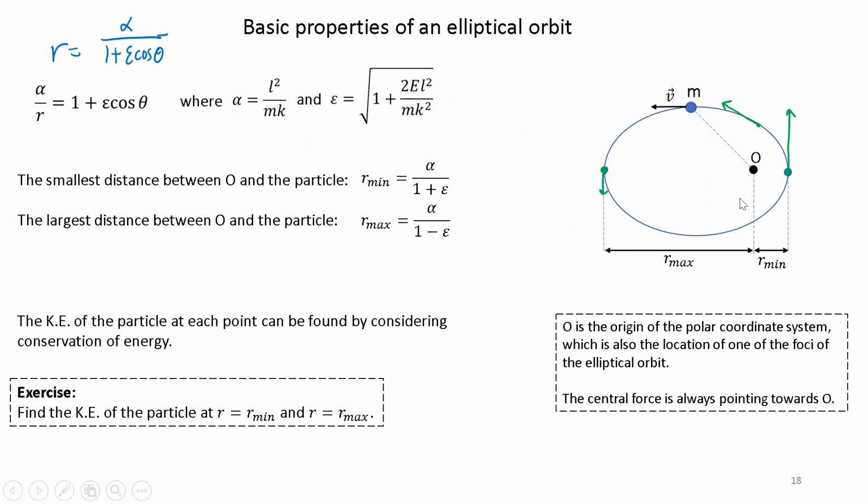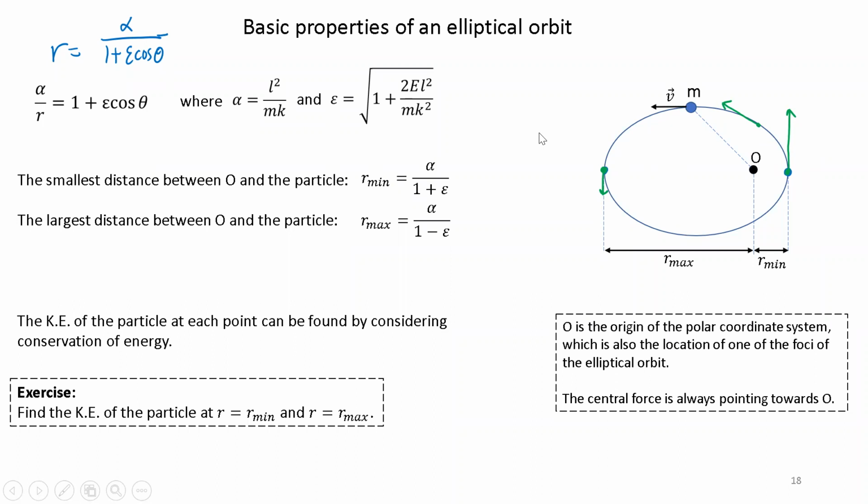I'm drawing a bigger arrow here because at this point, the closest distance, you have the greatest velocity. As you move away, the magnitude of the velocity should be decreasing, and then get to a minimum over here.